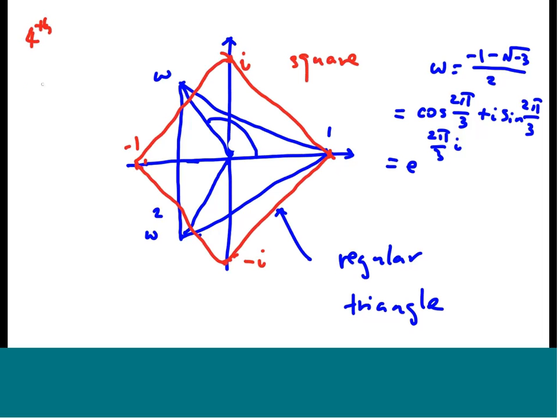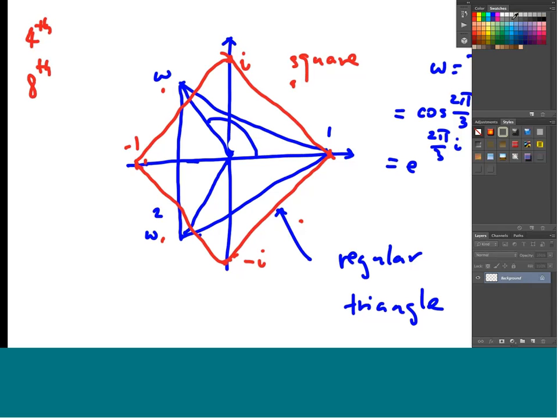For example, 8. You're going to have another one here, another one here, another one here, another one here. Usually yellow is bad, it's hard to see.